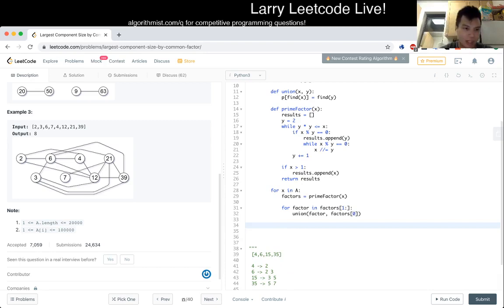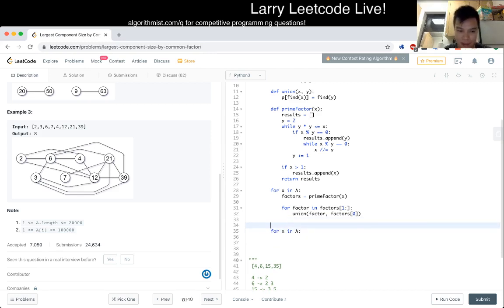Now we have to figure out the count of the biggest component. How do we do that? Well, I think we just take, for number x and a, we just add a count.